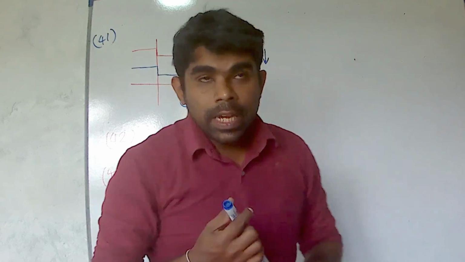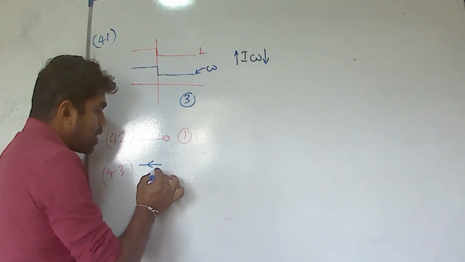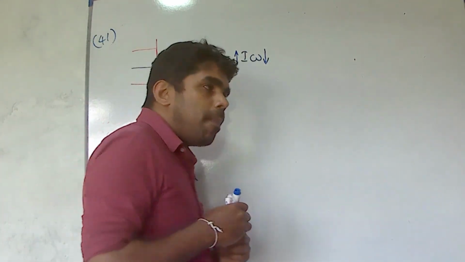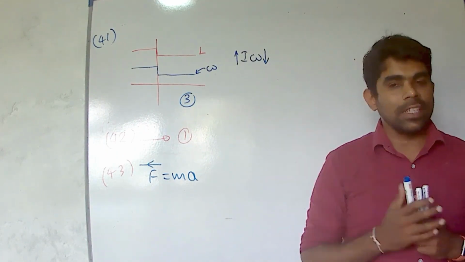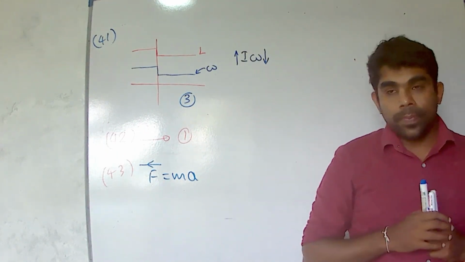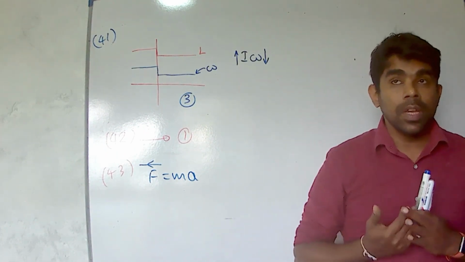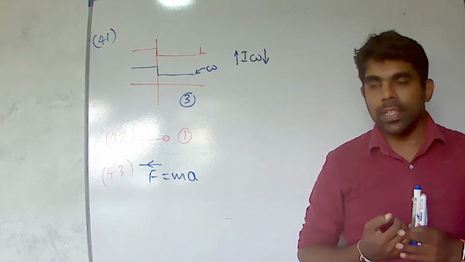Whatever, we can use F equals ma for the air mass towards the center. A cyclotron is a particle accelerator, a circular particle accelerator. It increases velocity by using a magnetic field.